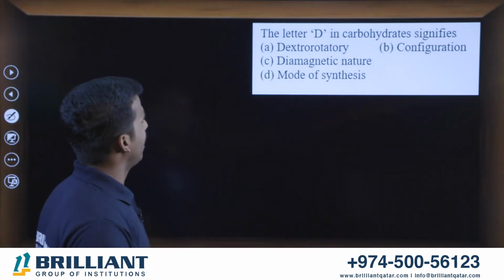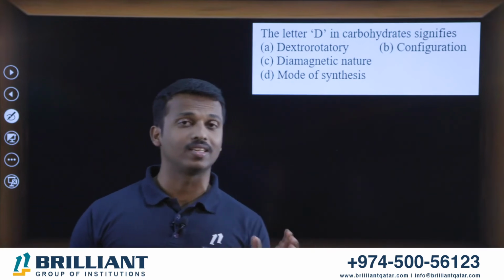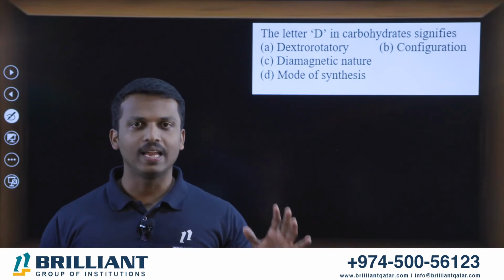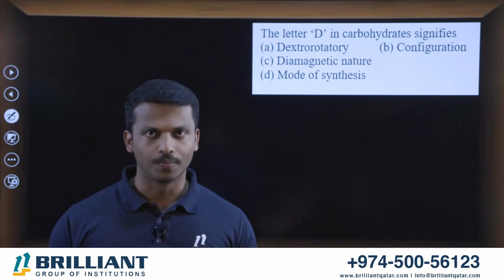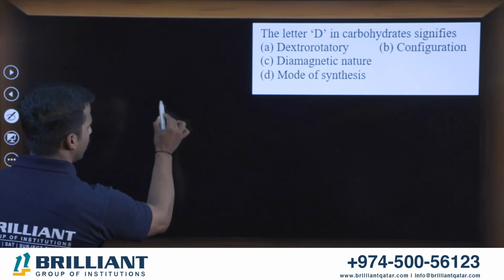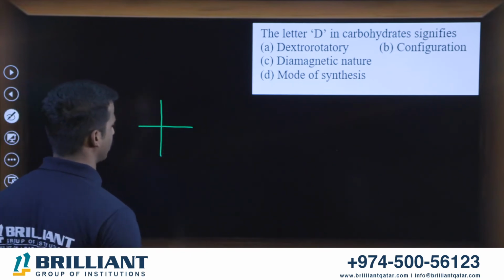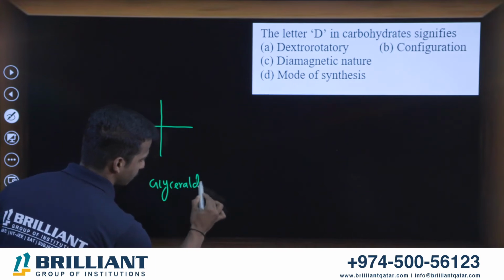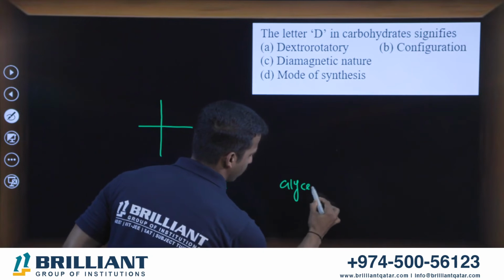Next one. The letter D in carbohydrates signifies what? Please don't think D corresponds to dextro, alright? D does not correspond to dextro, or L to levo. You may have studied glyceraldehyde, the simplest representation in Fischer projection. Let me take two glyceraldehyde molecules.